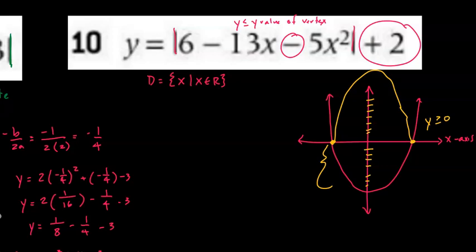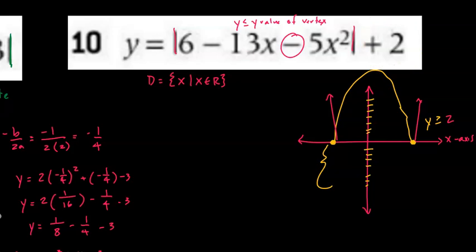Okay? Now, think about that. And think about this number right here. All that's doing is moving it up 2. Every single one of these points are just going to be moved up 2. So this point, which determined before the lowest number on the range, is now going to be moved up 2. So now it has to be greater than or equal to 2. Okay?